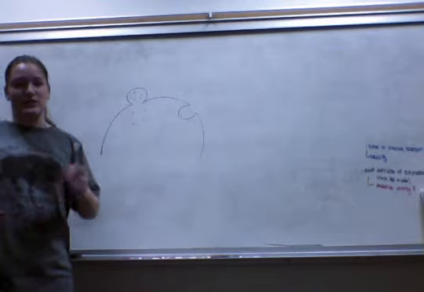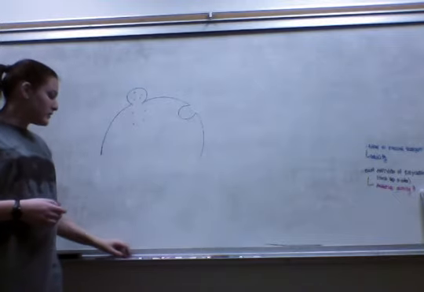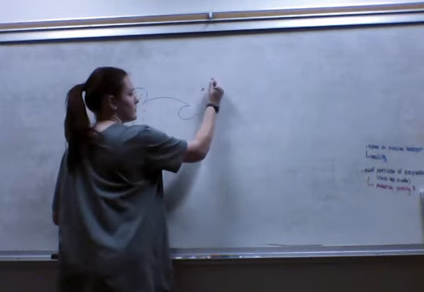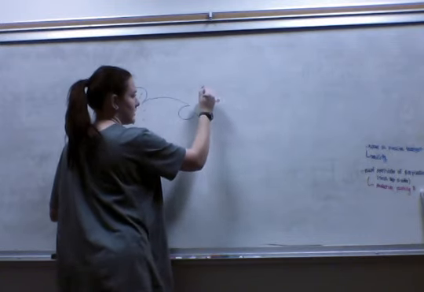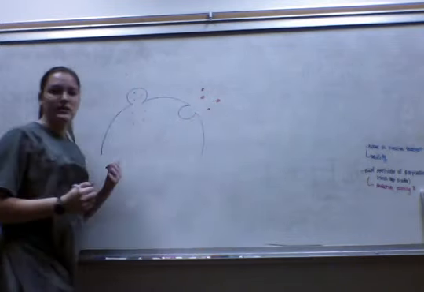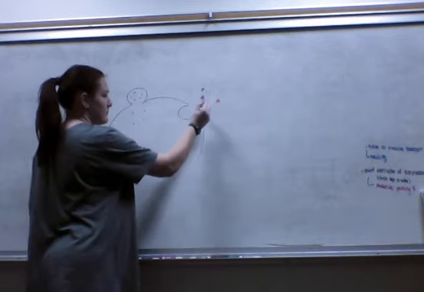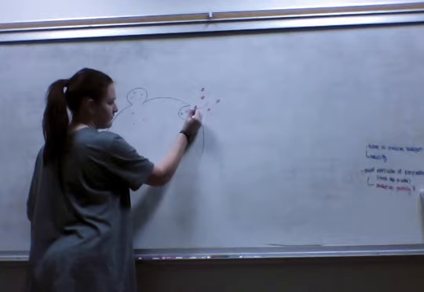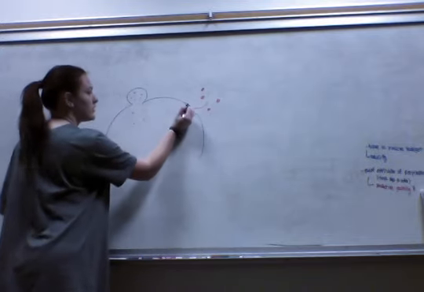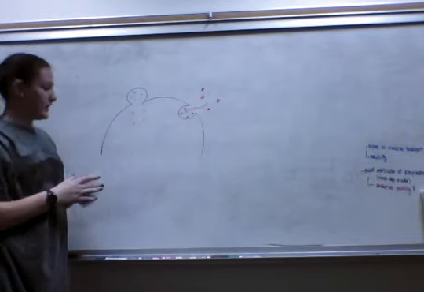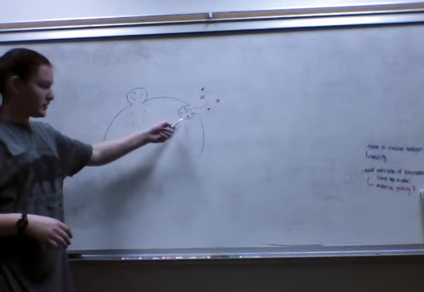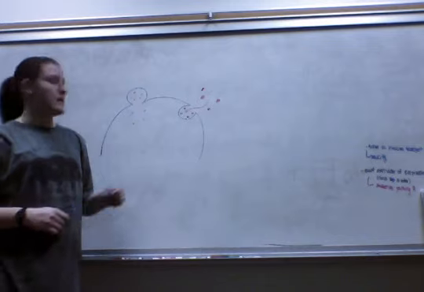So exocytosis is pushing something out. With endocytosis, you're going to have these molecules out here, and they need to go into the cell. They push against the plasma membrane to form a vesicle, which will at some point pinch off and come in.